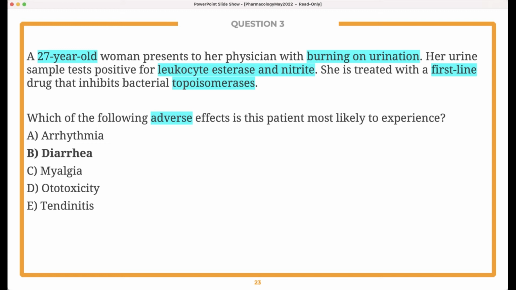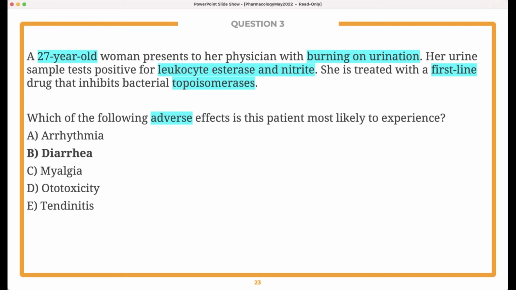And what is known to most often cause cystitis? That is a bacteria by the name of E. coli, which is a gram-negative rod, right? So now we have to find a drug that we can use to treat this gram-negative rod, and they tell us that the drug is a first-line drug that inhibits bacterial topoisomerase.